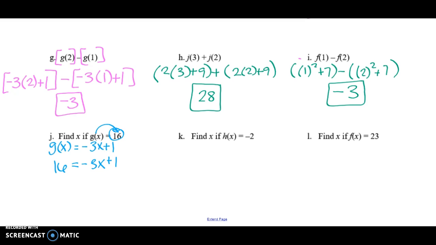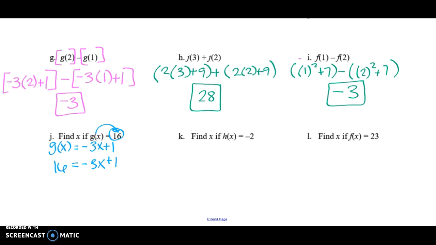Remember our steps: 1 was using the distributive property to get rid of parentheses. We don't have that. 2 was combining like terms on both sides of the equal sign. We don't have that. 3 says to get all our x's to the left side. Well, we only have one x and it's on the right. It'll do. We don't have to move it. You can if you want to. Then we are at the addition and subtraction to get the x by itself.